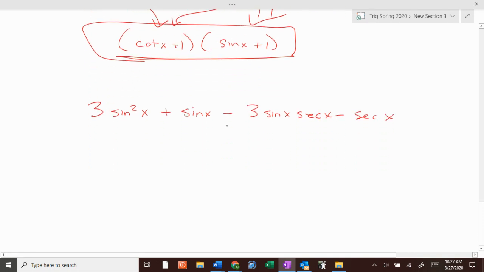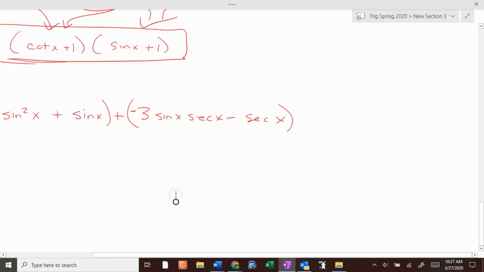Okay, we're going to group these since there's 4 terms. But before we group them, I always want this sign in between the second term and third term to be plus. So I go plus a negative right here. Then I put in my parentheses. Don't distribute your negative sign. Just do it to one thing here before you put in your parentheses.